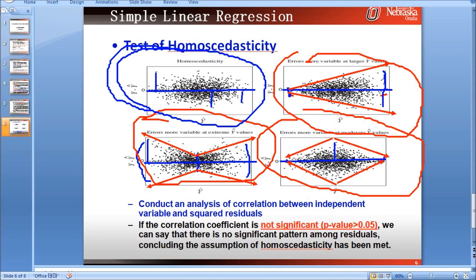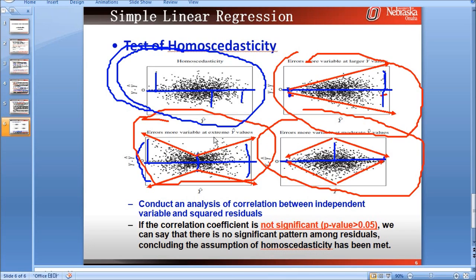A significant pattern among estimation error indicates there is a sort of significant correlation between estimation error and independent variable or predicted dependent variable.